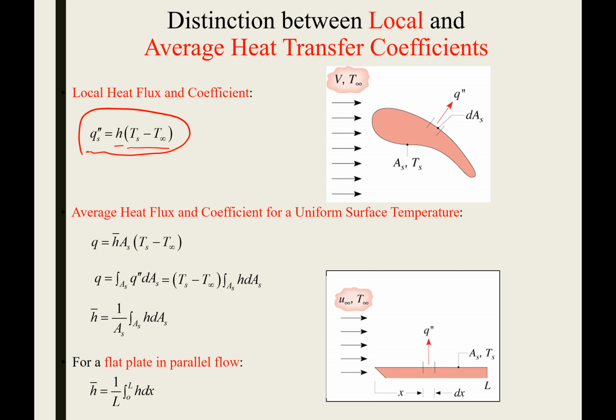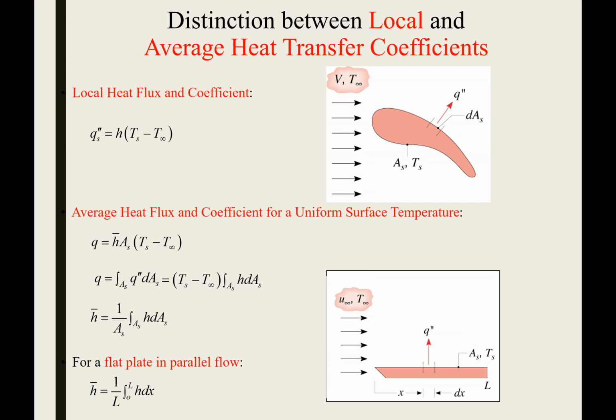So when you see in convection this h just raw by itself, that denotes a local heat transfer coefficient. Oh, I misspoke, sorry. When you see the h that's just raw, that denotes a local heat transfer coefficient. And when you see it with a bar over the top, that denotes an average heat transfer coefficient over the entire surface.